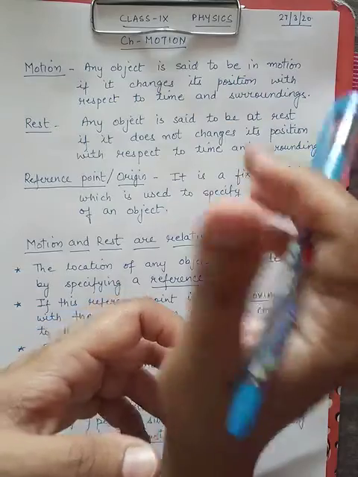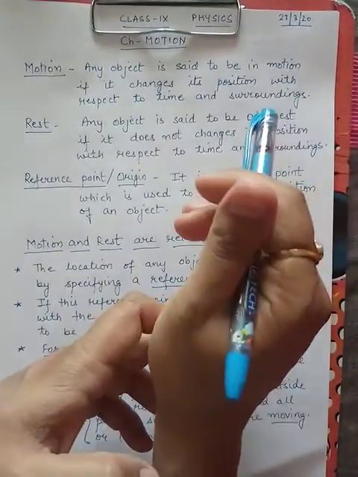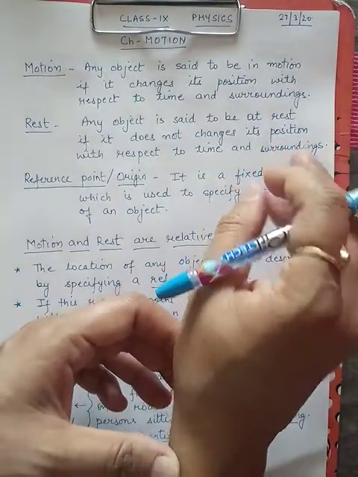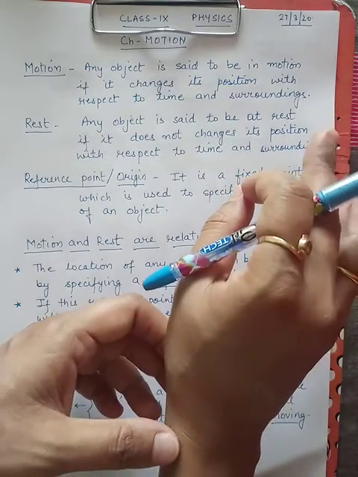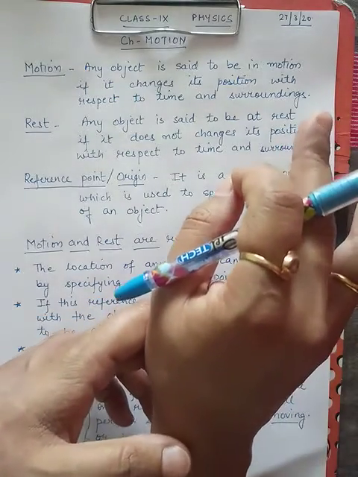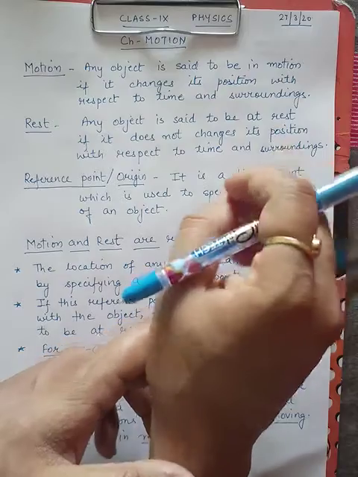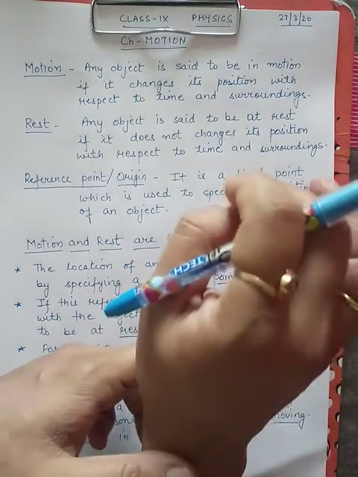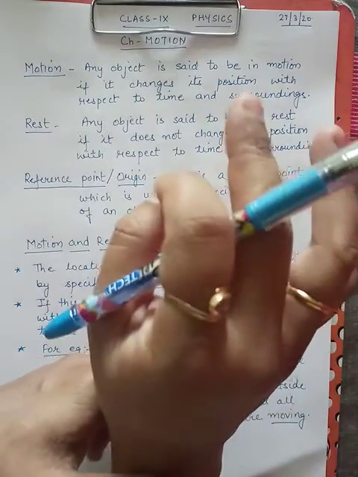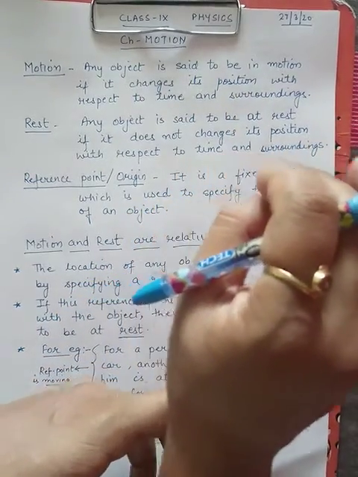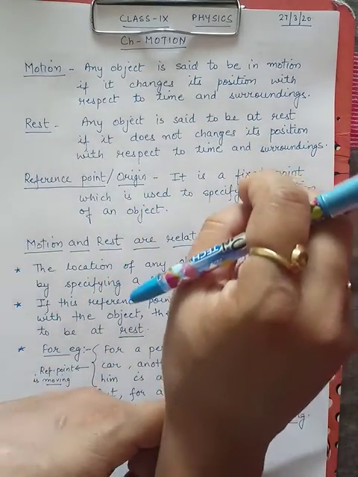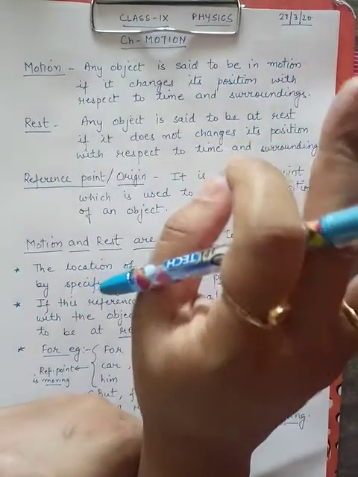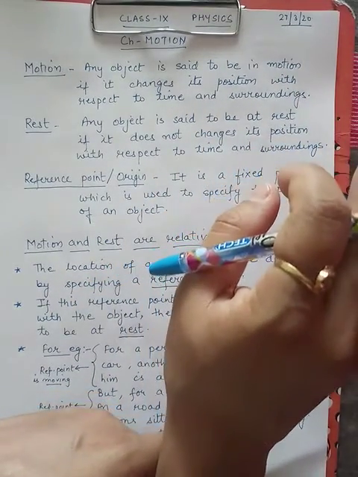He will say that the car is moving, and any object or any person who is sitting, suppose 3 persons are sitting, all 3 persons are in motion because the car is in motion and they are moving with the same speed, the speed of the car. Suppose the car is moving at 50 km per hour, then those 3 persons are also moving with the same speed.